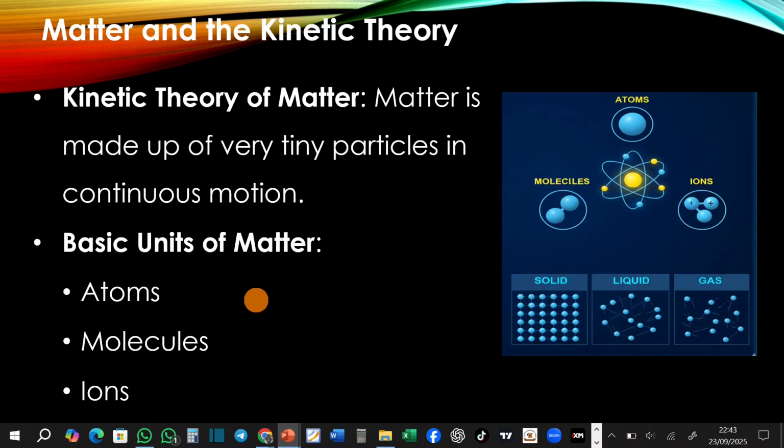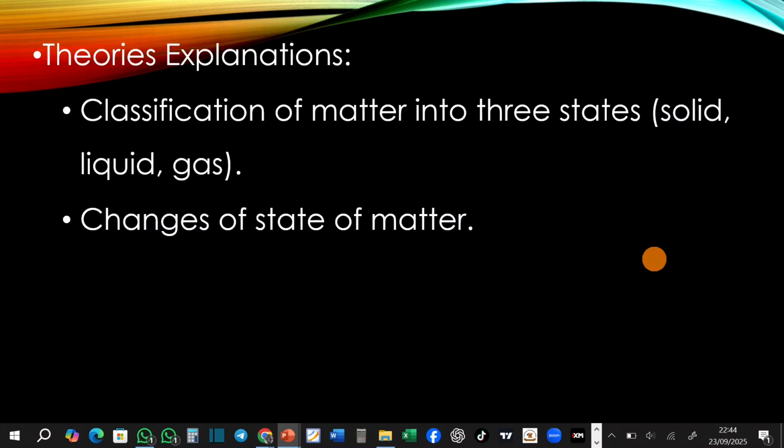Generally, they are called basic units of matter. Specifically, they are atoms, molecules, ions. They are the ones that make up matter. So we have matter which is in molecule form, matter which is in atom form, and matter which is in ion form. Theories are explanations.